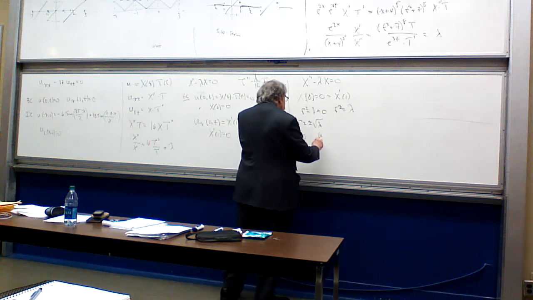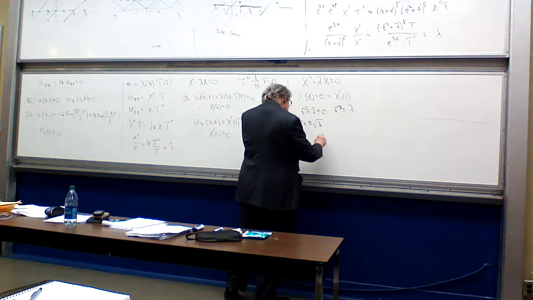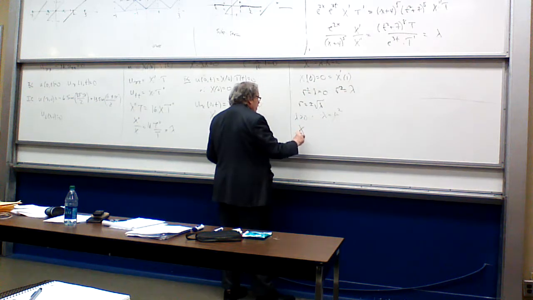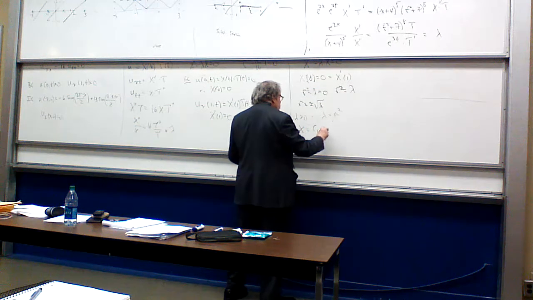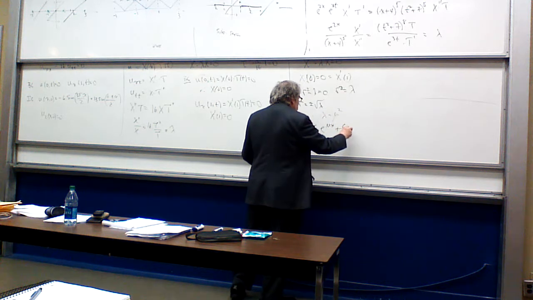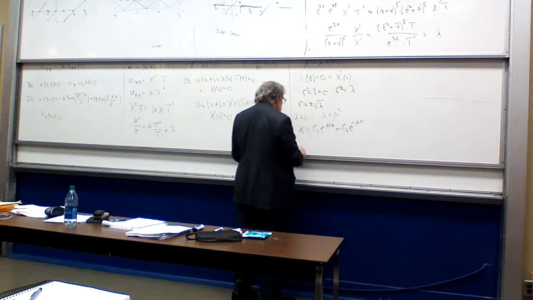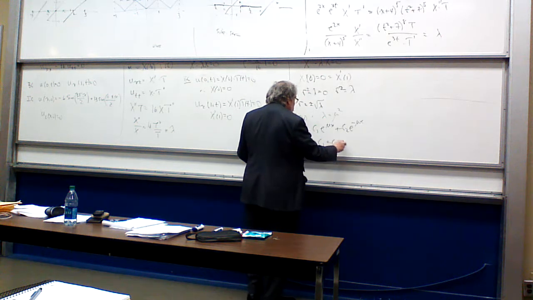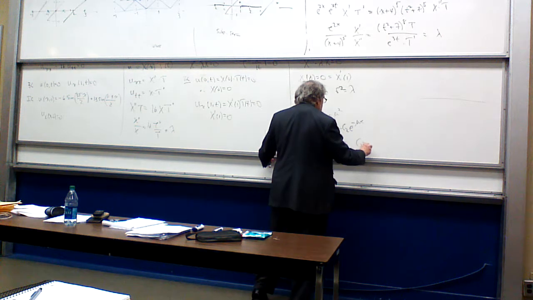If lambda is positive, I have X is c1 e to the mu x plus c2 e to the negative mu x. X of 0 is c1 plus c2, so c2 is negative c1.